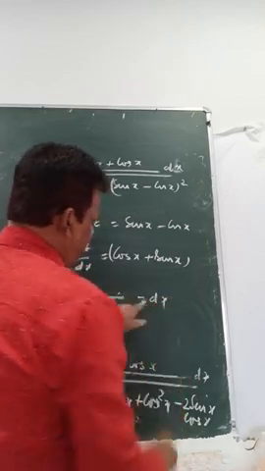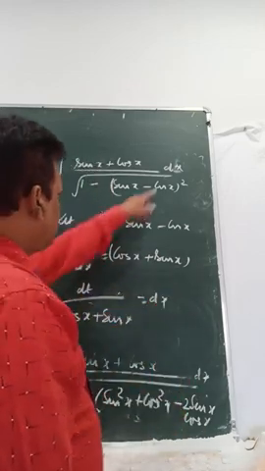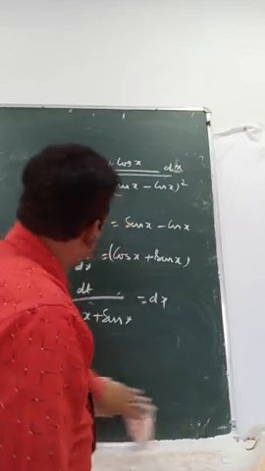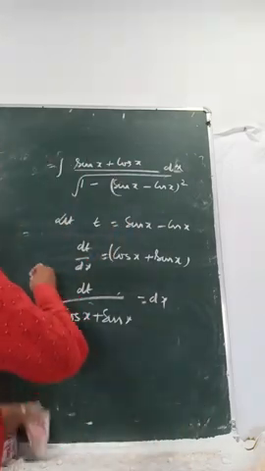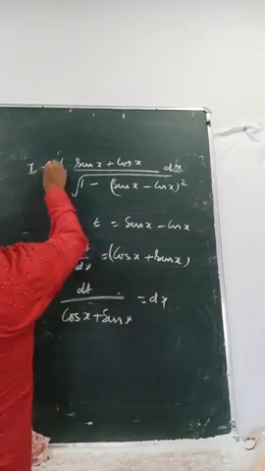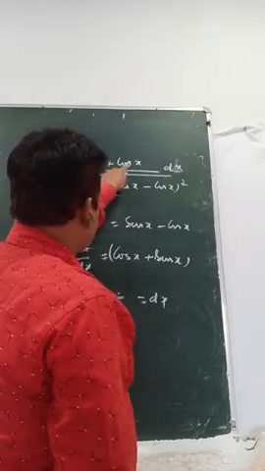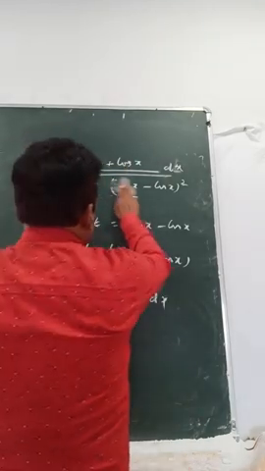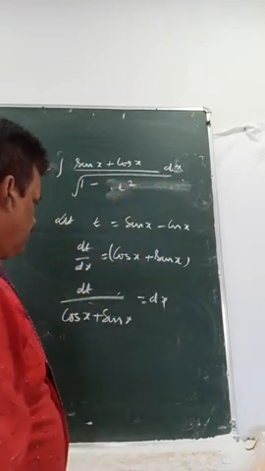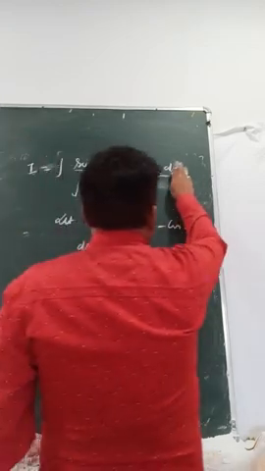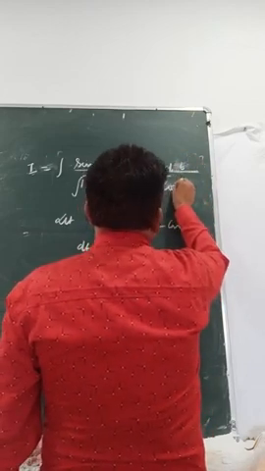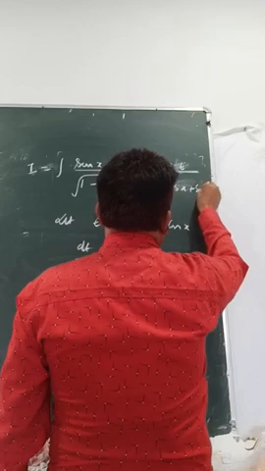So now you have to find dx. That means I can put the value here. So what shall I get? This I equals, this will remain, this will be your t² now, then dt by (cos x + sin x).